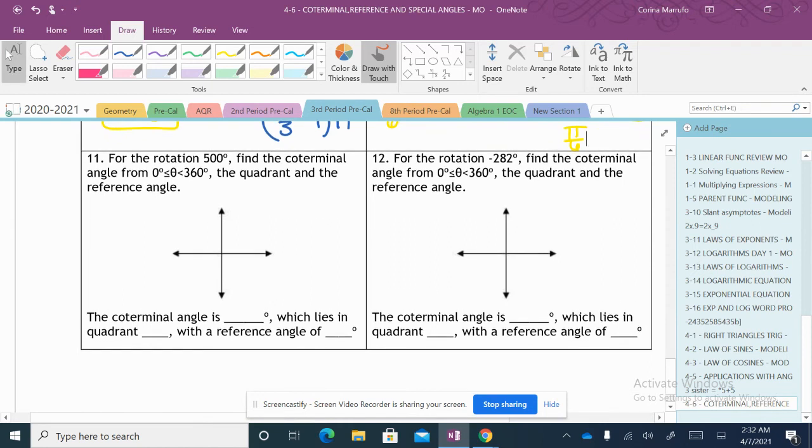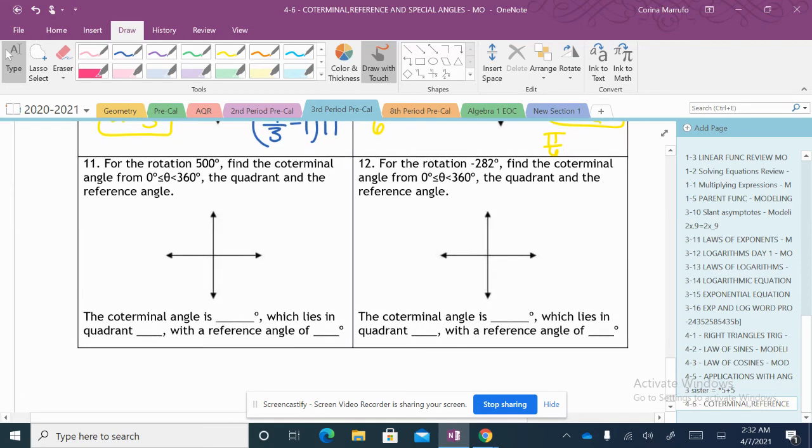Alright, so here it says for the rotation 500 degrees, find the coterminal angle from 0 to 360, the quadrant, and the reference angle. Okay, so here let's go ahead and see 500 degrees. I believe we already graphed this one.